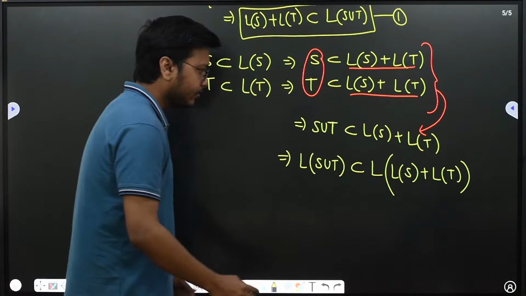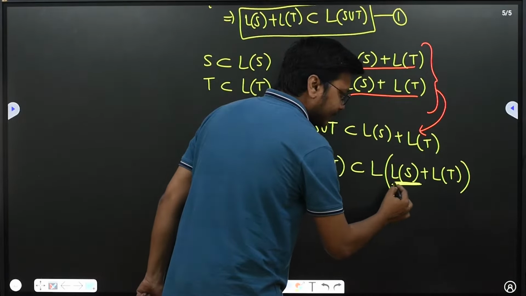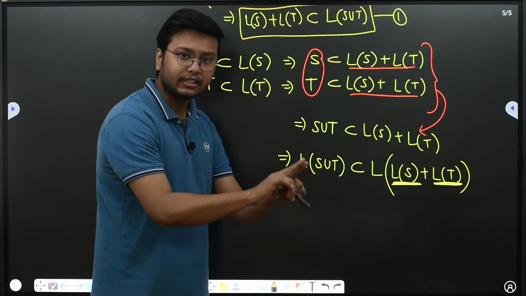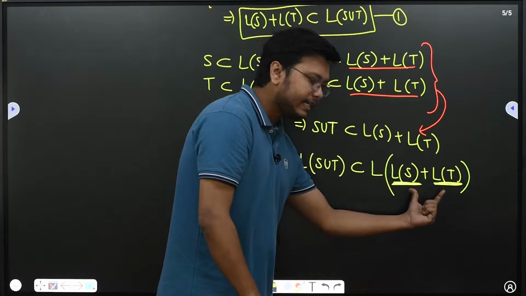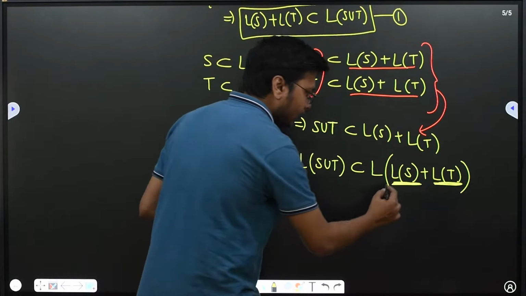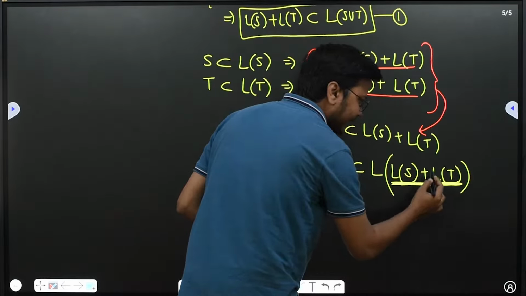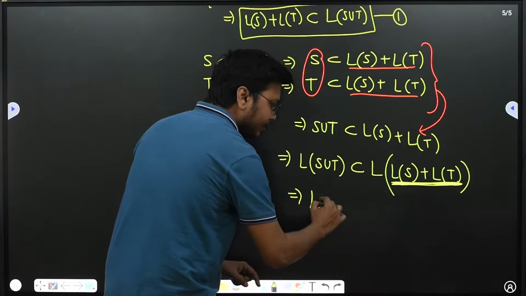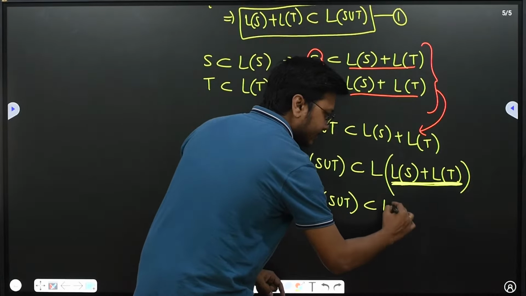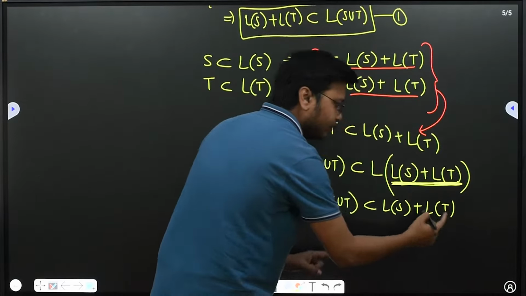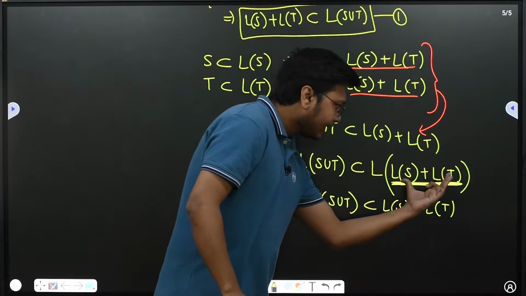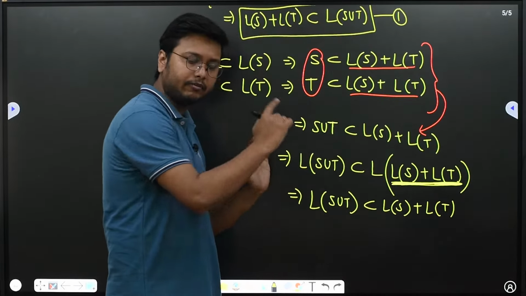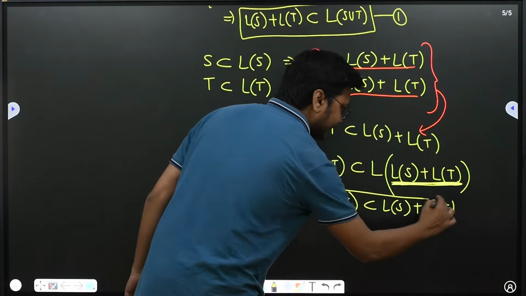So over here, as I told you at the beginning, this is a subspace and this is a subspace, and their addition is the linear sum, and we have done before that the linear sum is a subspace. So the right hand side, this inside part, is a subspace, that means a vector space. So L of a vector space is simply the vector space itself, that means L(S) plus L(T), using the previous theorem. Hence this is the second part.